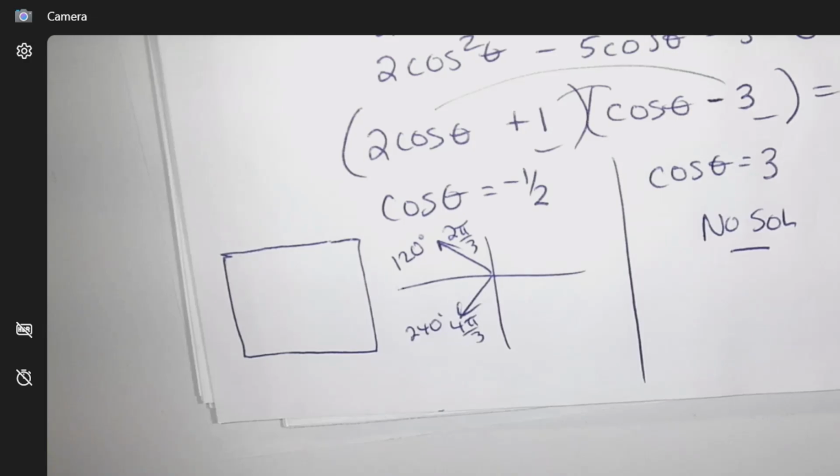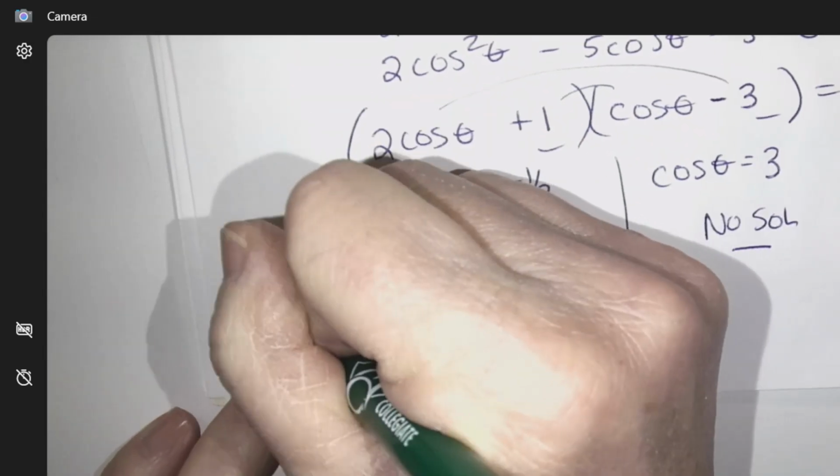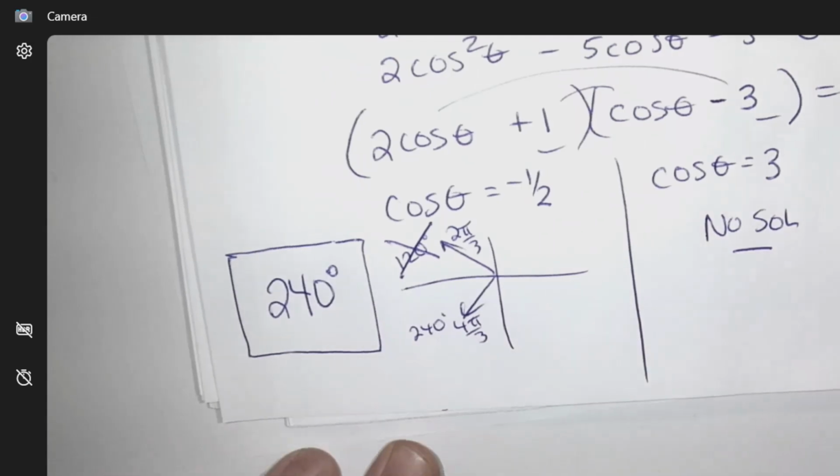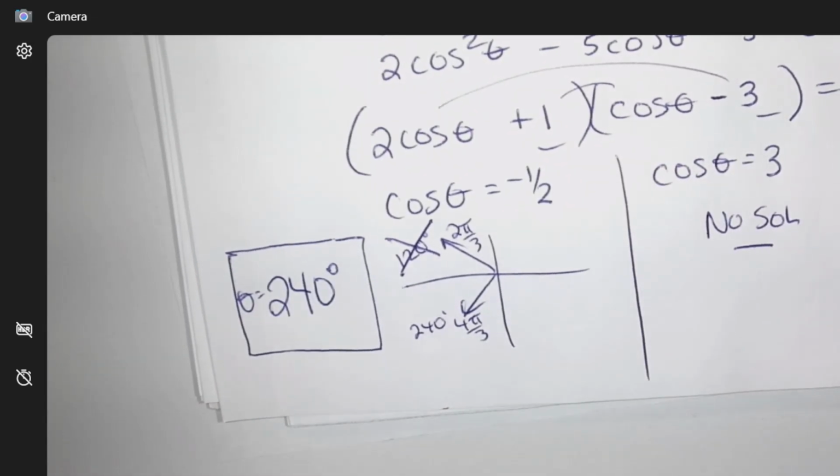So what do you know about 120 degrees? It's not in my domain. So there's only one answer to this question. 240 degrees is the only thing that's a good answer.